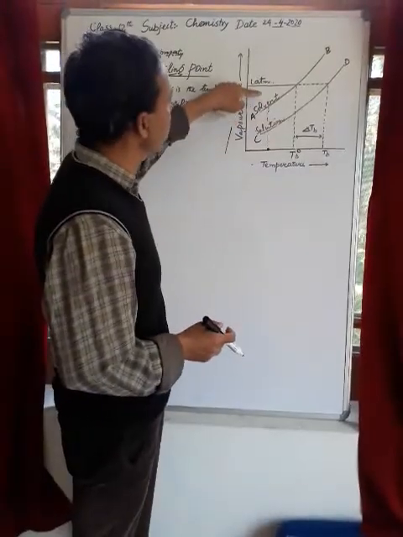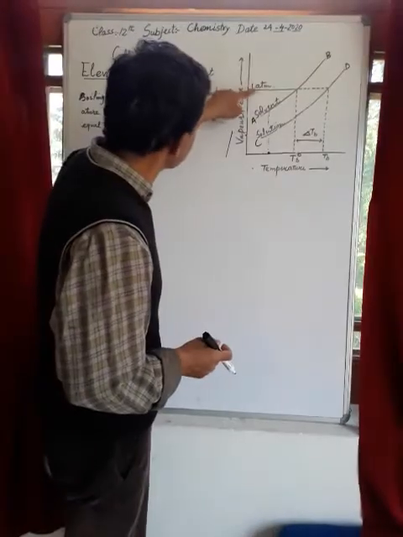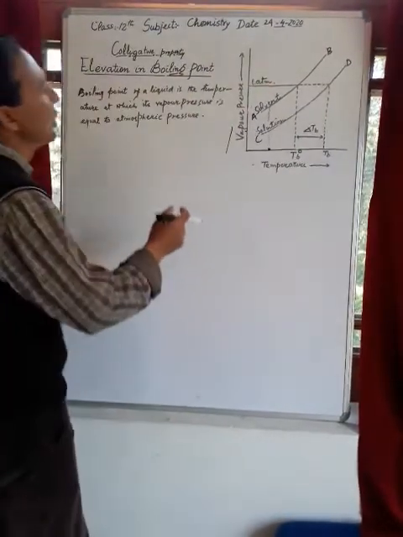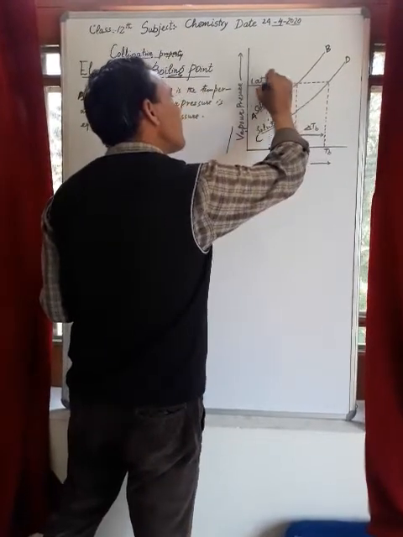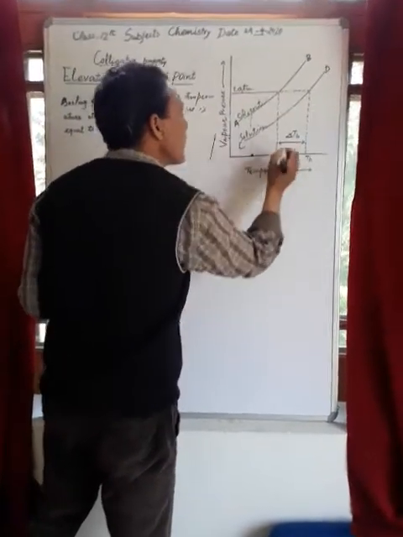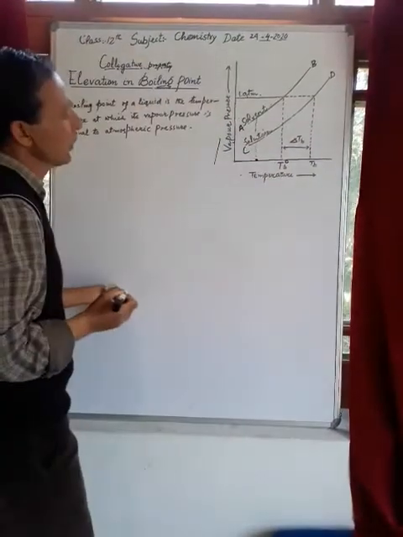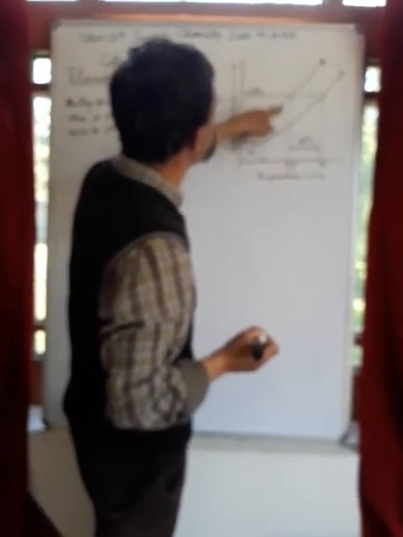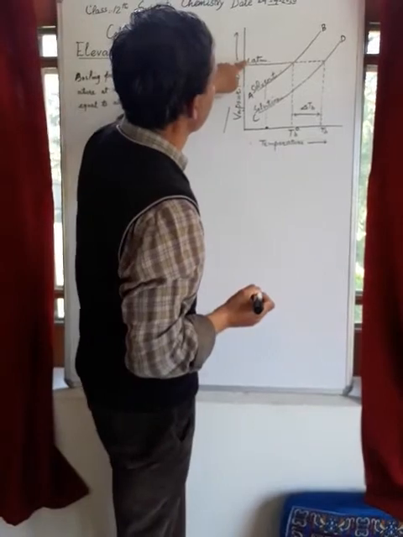The temperature at which the vapor pressure of the solvent is equal to 1 atmosphere is indicated by T0B.